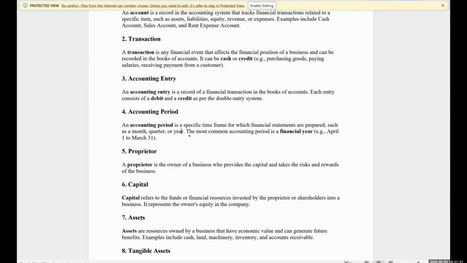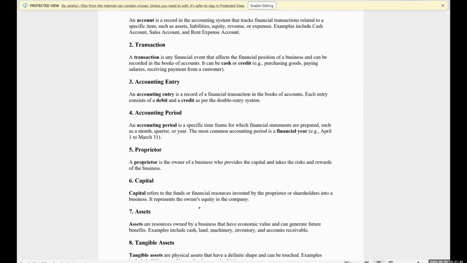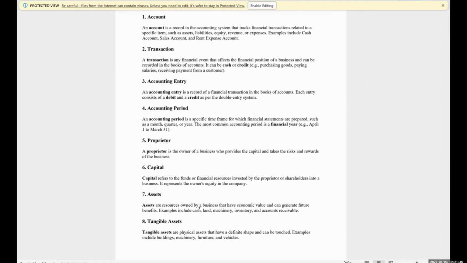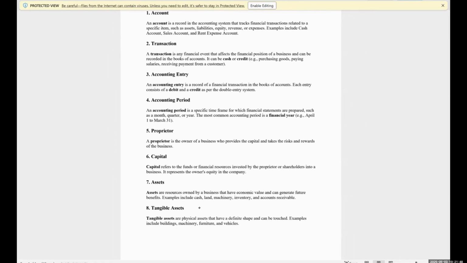Okay. Next, who is called as proprietor? Who is the owner of the business? He is called the proprietor of the business. Next one, capital. So what do you mean by capital? Suppose if you are starting a business, in general terms we call it initial investment.